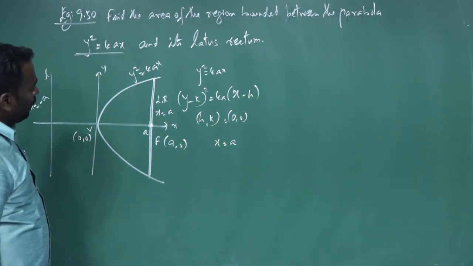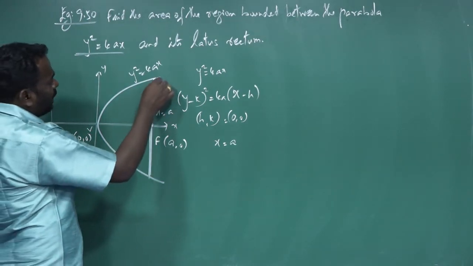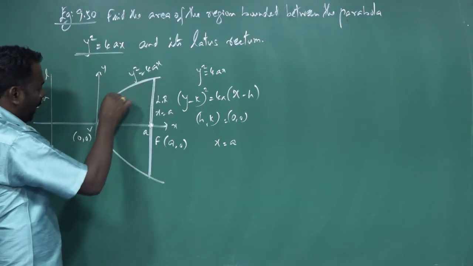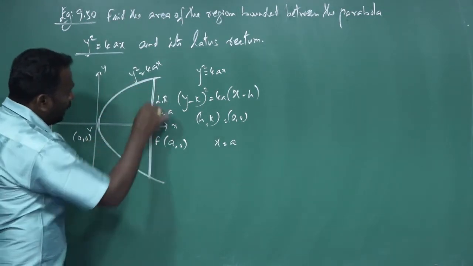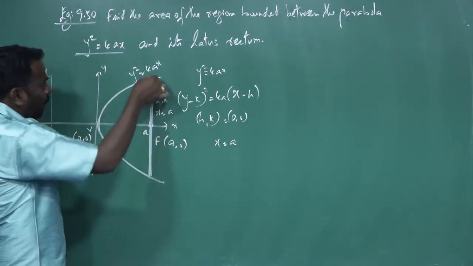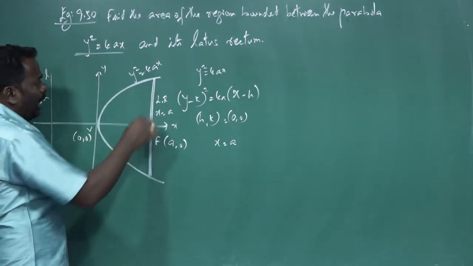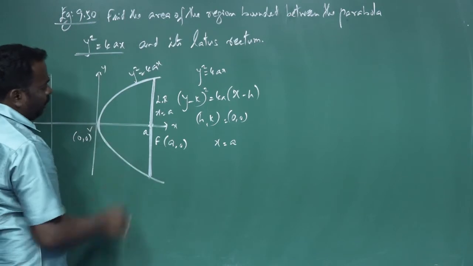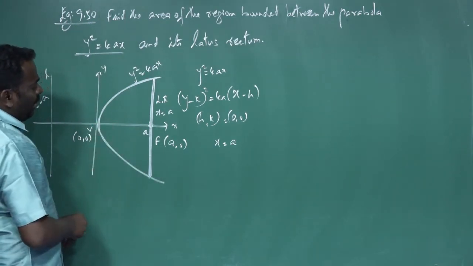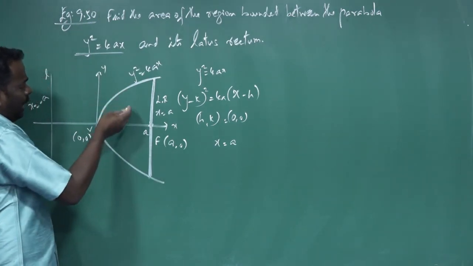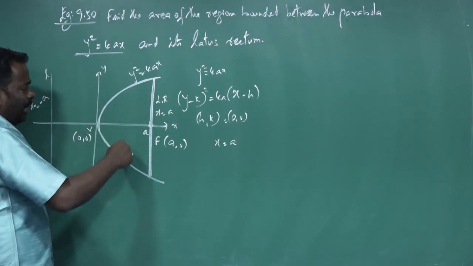That we do not need now. Now we want to find the area between the parabola and the latus rectum. One boundary is the curve, the parabola, and the other boundary is the latus rectum. The area we obtain above is the same as the area below.